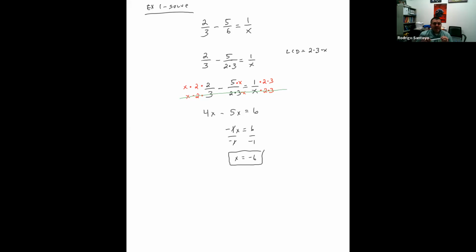So any questions with that first example? Anyone need another minute copying this down? Yes, please. All right, just let me know when you're done.